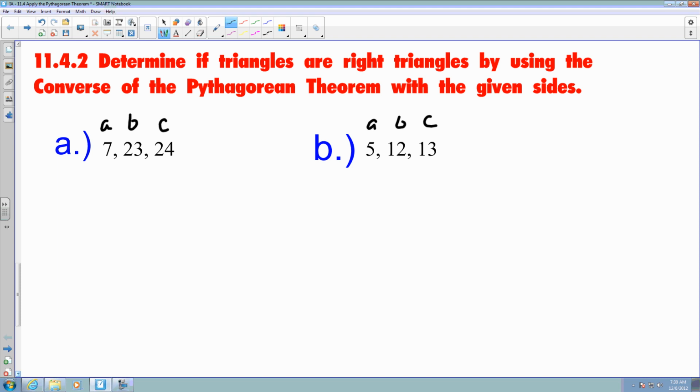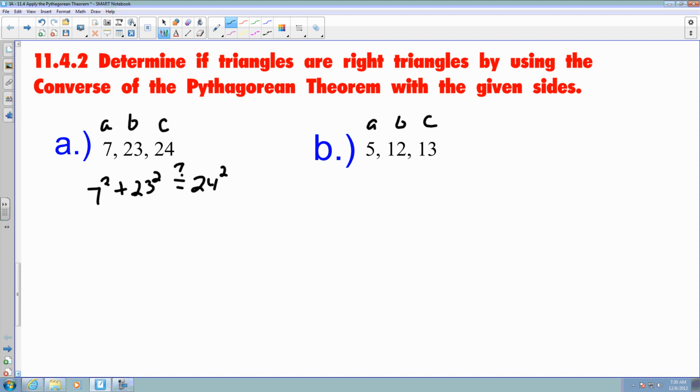Now let's apply the Pythagorean theorem and see if these measurements hold true. So I have 7, 23, and 24. I need to figure out if 7 squared plus 23 squared equals 24 squared. That's the goal.